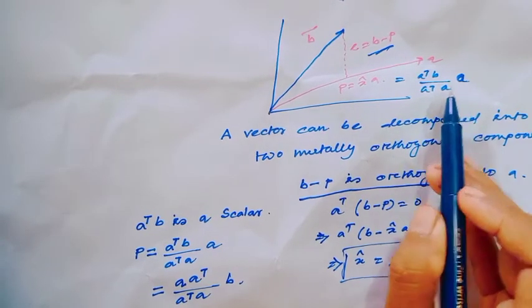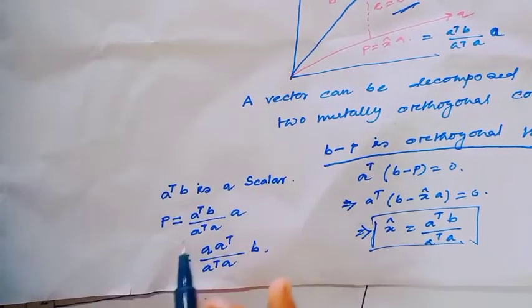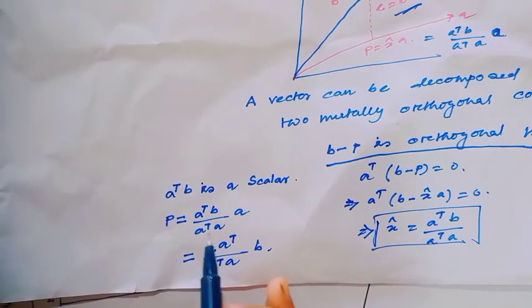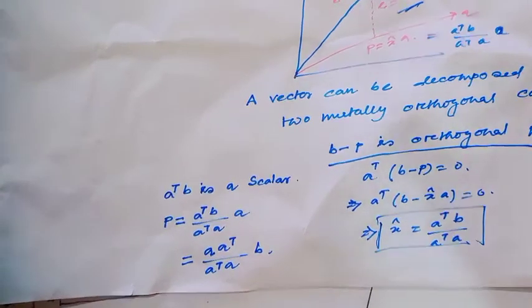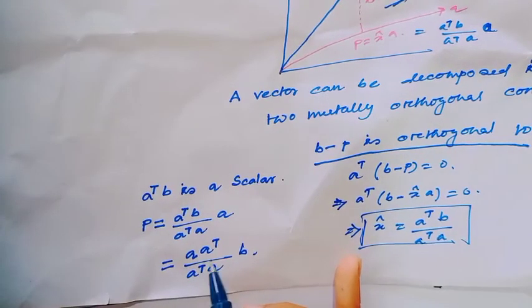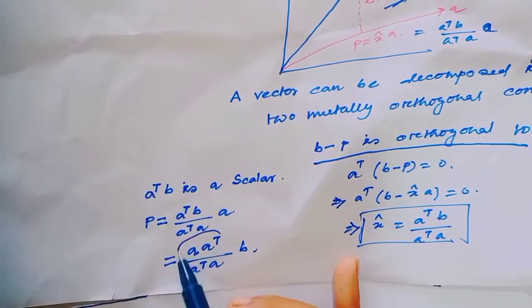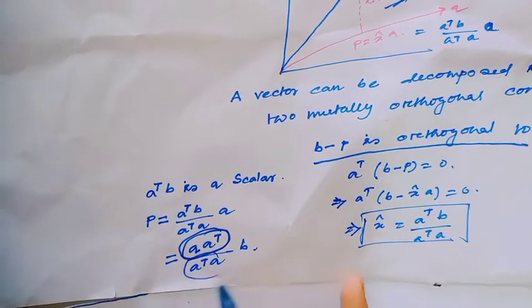And since A transpose B is a scalar, P equal to A transpose B over A transpose A times A. Okay? We can write this as A A transpose over A transpose A times B, and this is a matrix, and this is a scalar.